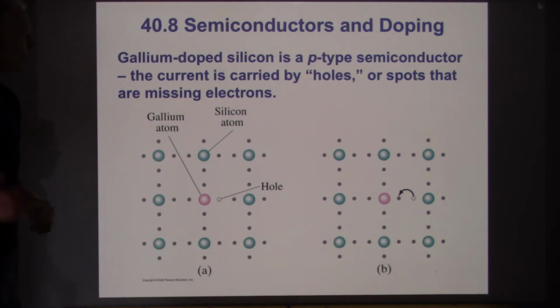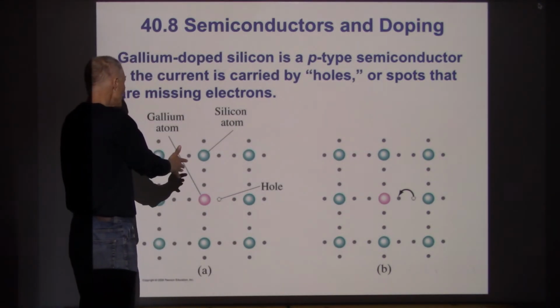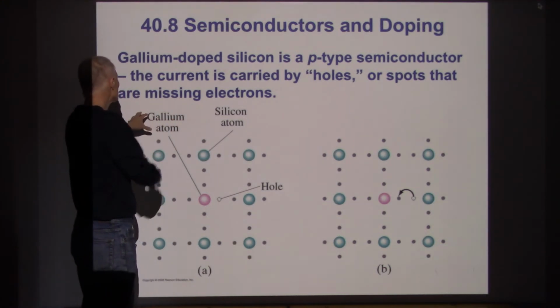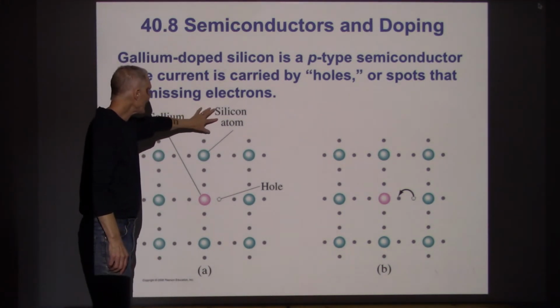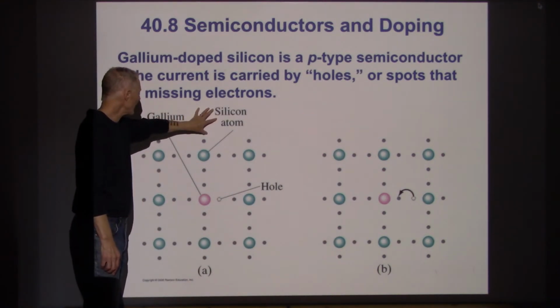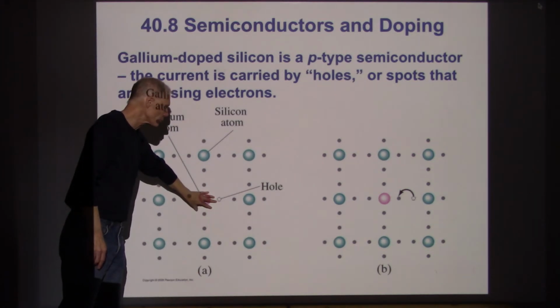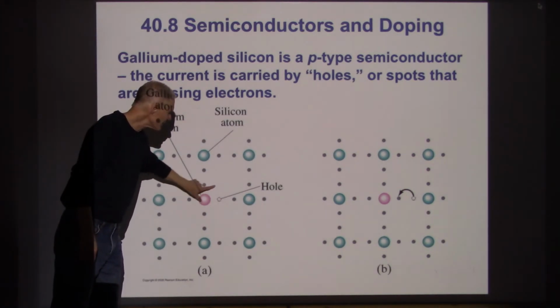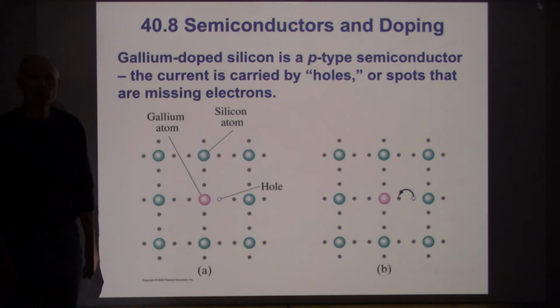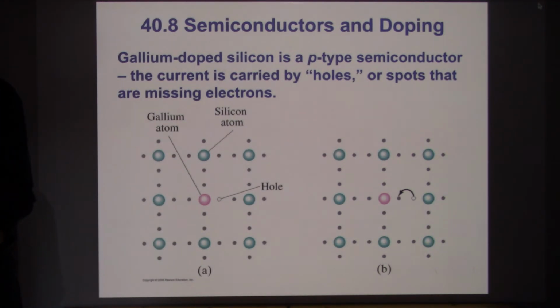The other option would be, let's pick something in the column of elements such as gallium, which has 3 electrons instead of 4 in the valence electrons. And that means when the gallium gets substituted into the crystal structure, there is an opening for an electron. These are referred to as holes, or a spot where an electron is missing.